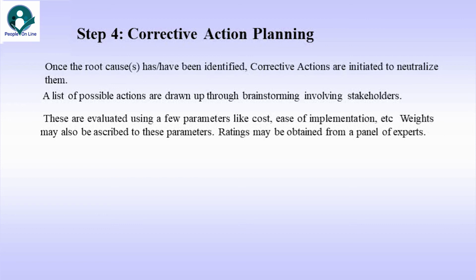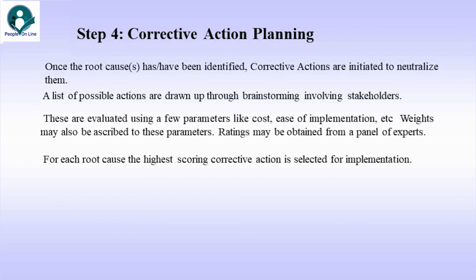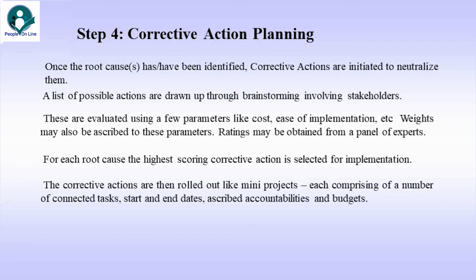Ratings may be obtained from a panel of experts. For each root cause, the highest scoring corrective action is selected for implementation. The corrective actions are then rolled out like mini projects, each comprising a number of connected tasks, start and end dates, ascribed accountabilities, and budgets.